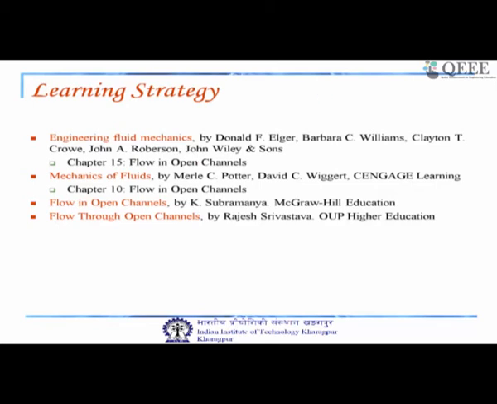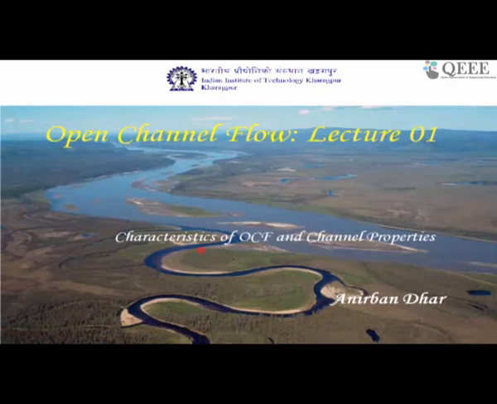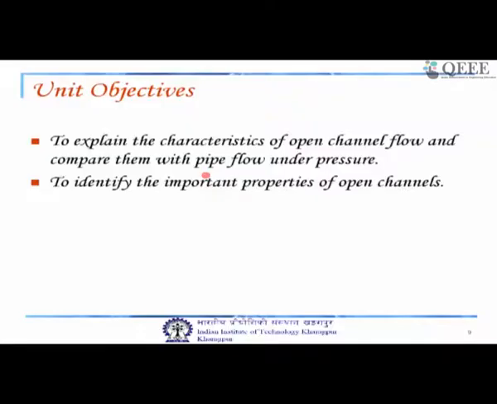So, let us start the first unit, that is characteristics of OCF and channel properties. What are the unit objectives for this particular unit? To explain the characteristics of open channel flow, to compare them with pipe flow under pressure, and to identify the important properties of open channels.